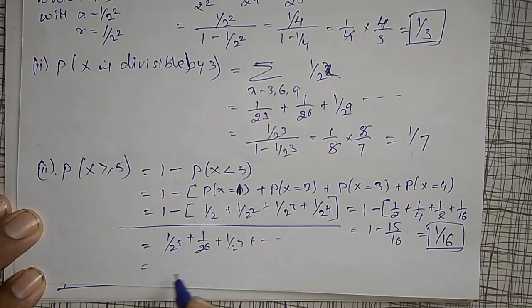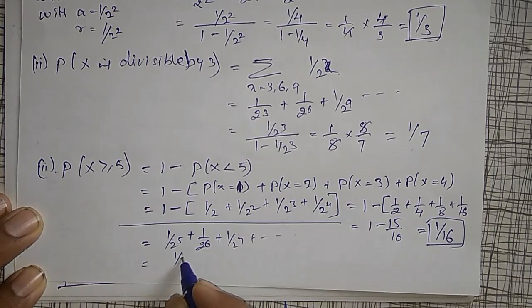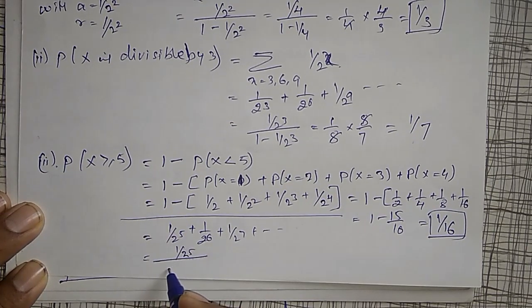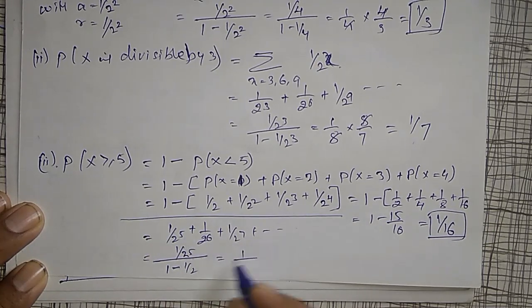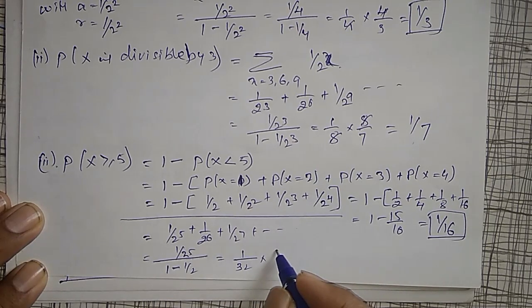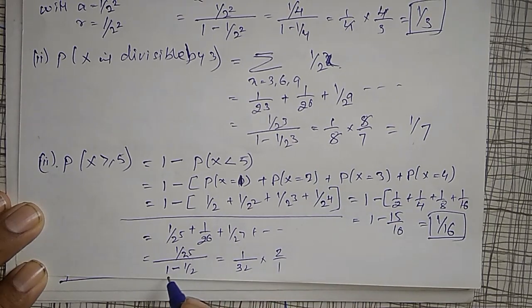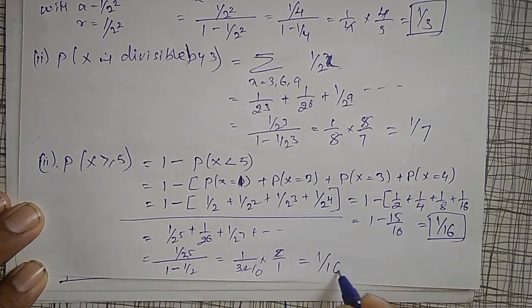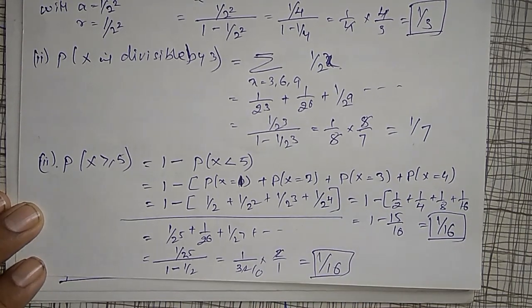This is again a geometric series: 1 divided by 2 raised to 5, divided by 1 minus the common ratio, which is 1 by 2. 1 divided by 2 raised to 5 is 1 by 32; taking the LCM, 2 minus 1 is 1, so again we get 1 by 16. Either method you can follow. Okay, thank you, friends.